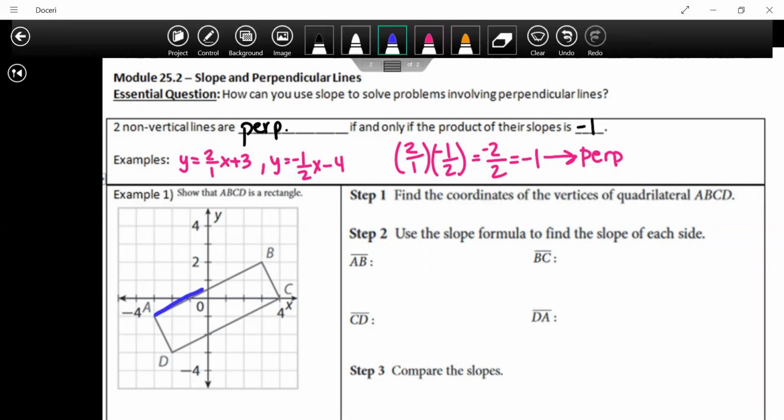What is the slope of AB? Can we get the slope of AB? What would it give me? Up 3 over 6, so it reduces down to what? 1/2. If I'm going to do B, going down 2 over 1.